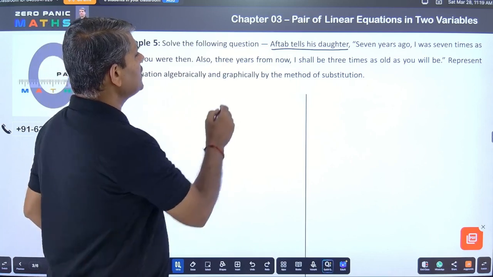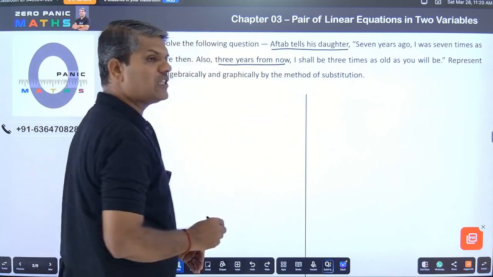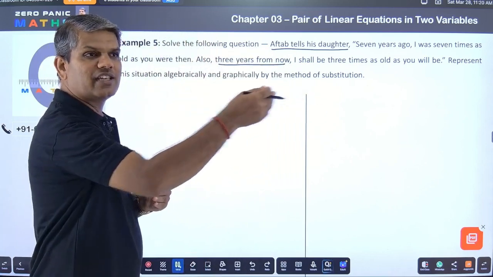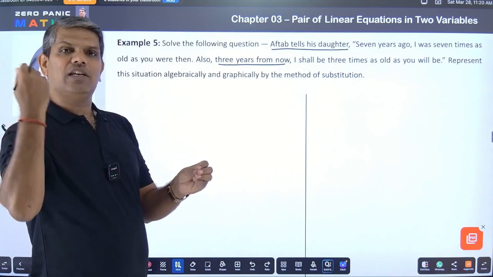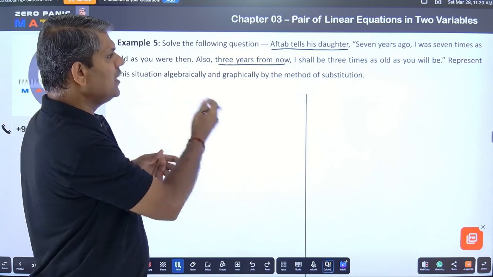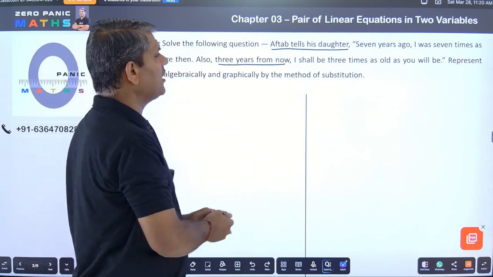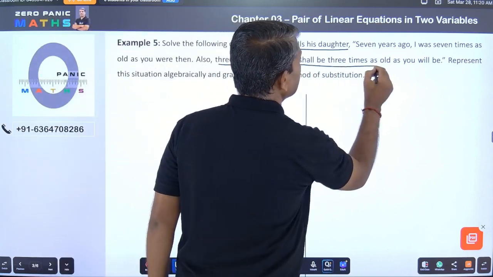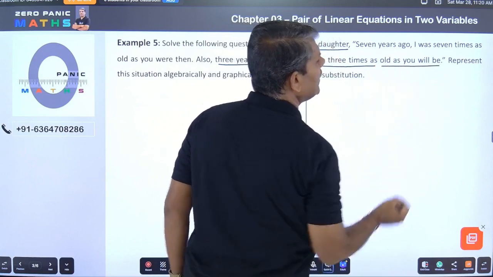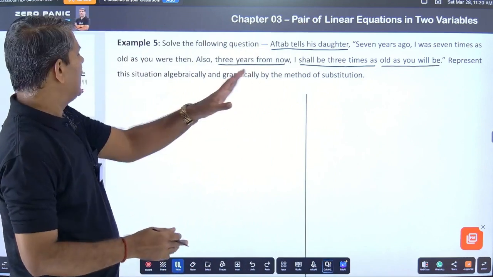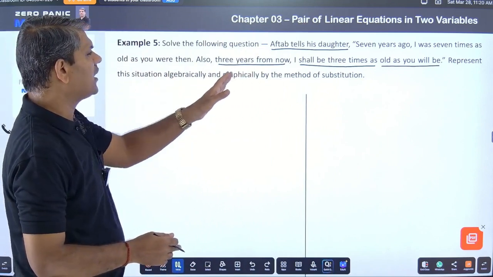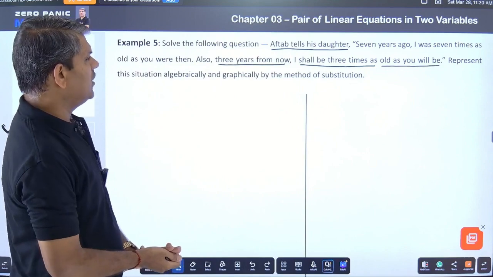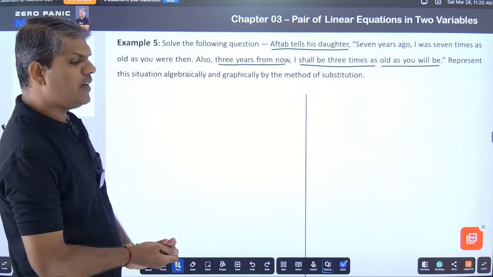And "3 years from now", 3 years from now means plus 3 years. 7 years back means minus 7 years. Let us first read and represent them later. "I shall be 3 times as old as you will be." So represent this situation algebraically and graphically by the method of substitution.